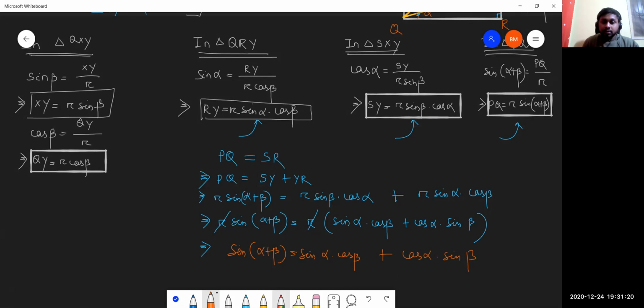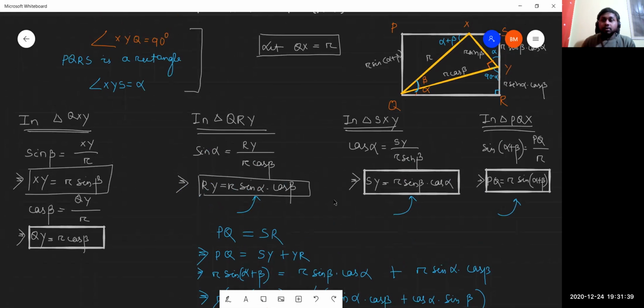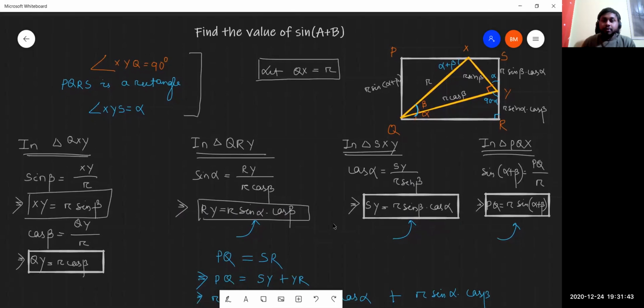So this is all about finding the value for sine alpha plus beta.